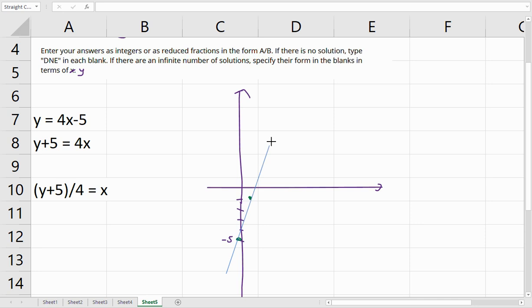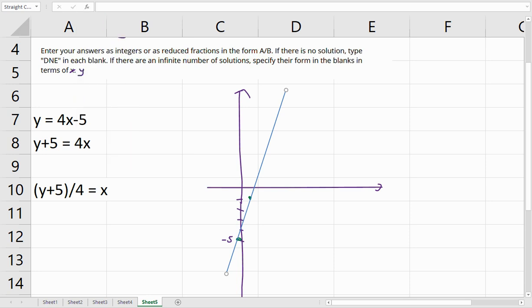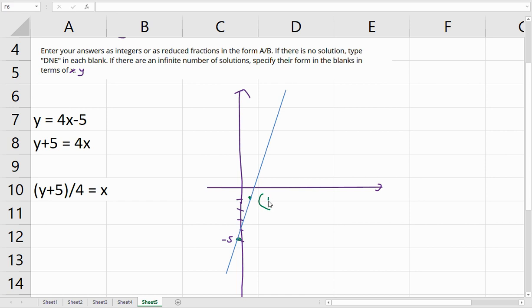Now every single point on this line will share that relationship, every single one of them. Like if I just look at this point right here, this has the coordinates. Let's draw it on there. 1 for x, and what is that? -1 for y. Right, now let's see if that works with this relationship here.